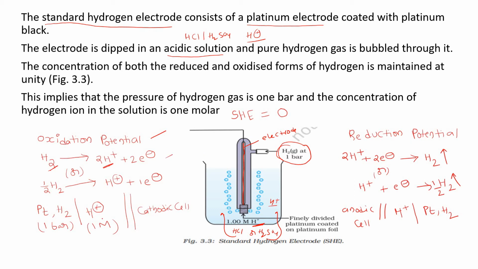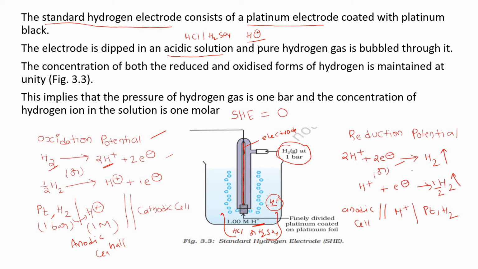In that case, the cell notation is platinum, hydrogen converting into H plus. This undergoes oxidation, so we always call it the anodic half cell, which you connect to the cathodic cell.